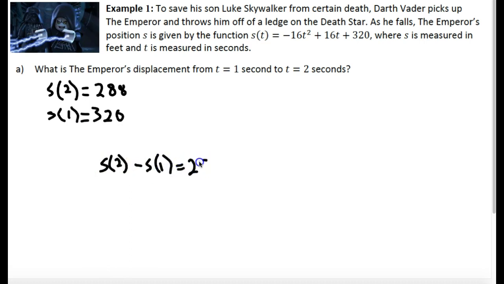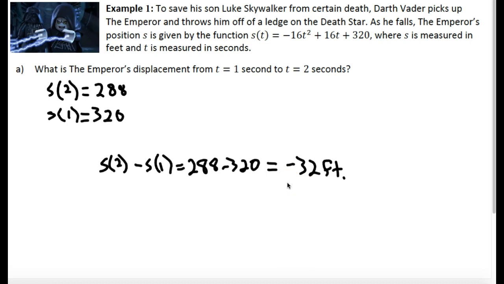So 288 minus 320 gets me a displacement of negative 32 feet. So what we're saying is on this interval from 1 second to 2 seconds, the Emperor has fallen 32 feet.